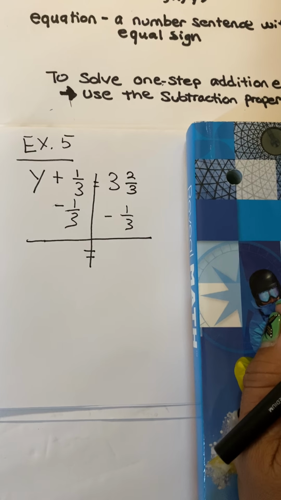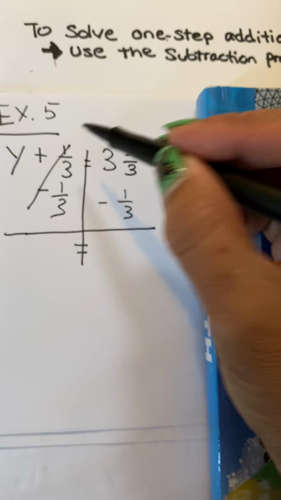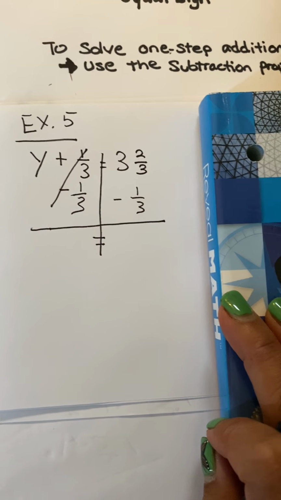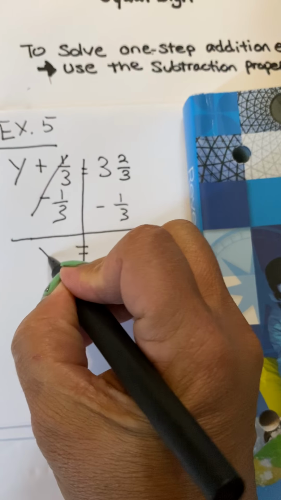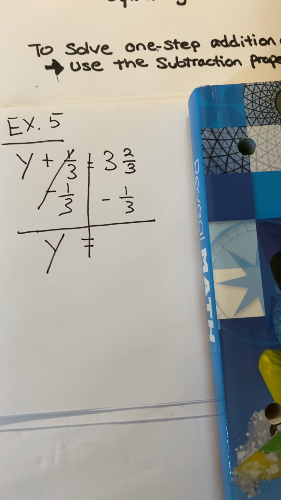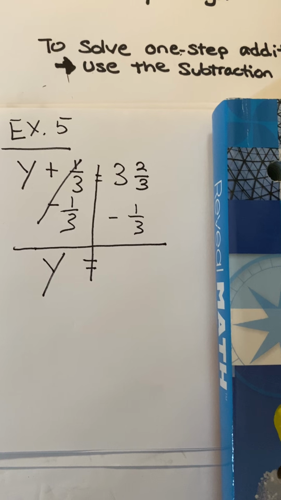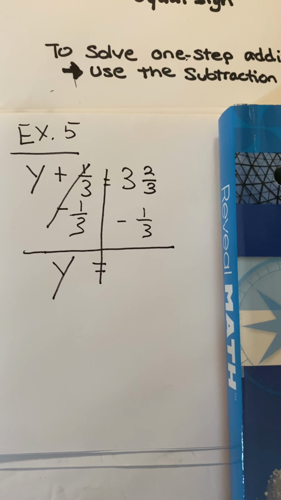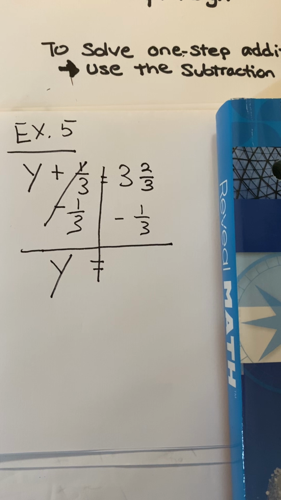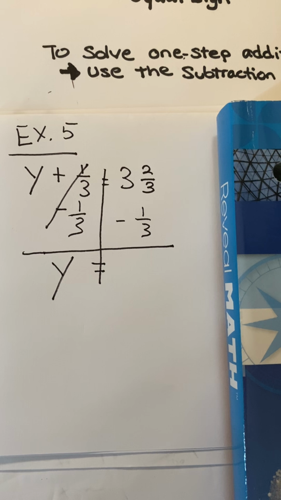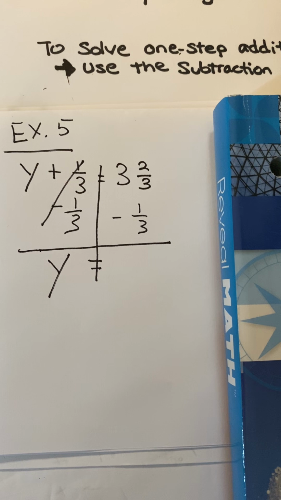Okay, and so first things first, we will get y by itself. Plus 1/3 minus 1/3 cancels each other out, leaving y by itself. And then on the right side of the equal sign, we have 3 2/3 minus 1/3. We have a mixed number and a fraction. In order to subtract these two, we have to look at the whole numbers.